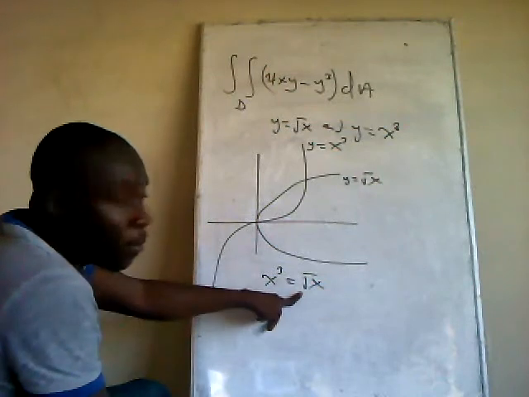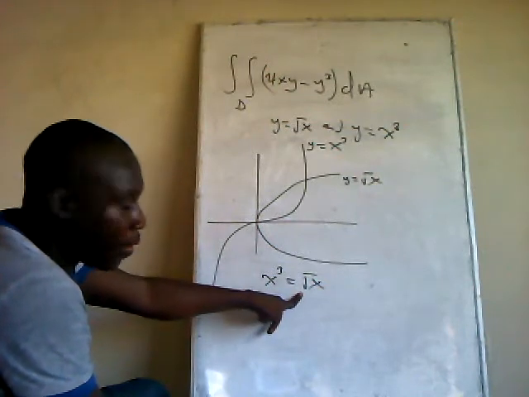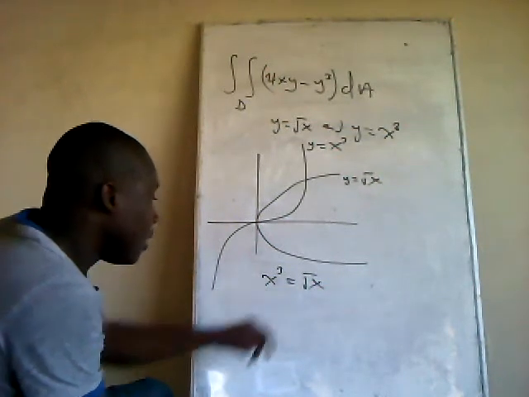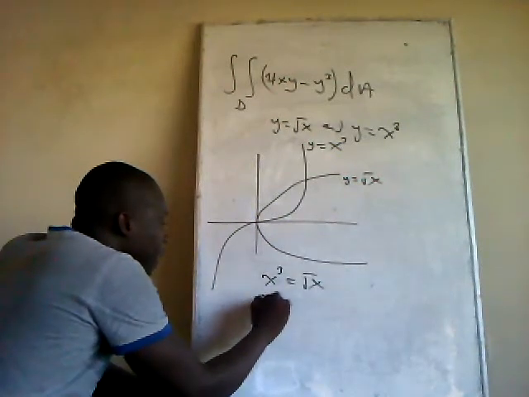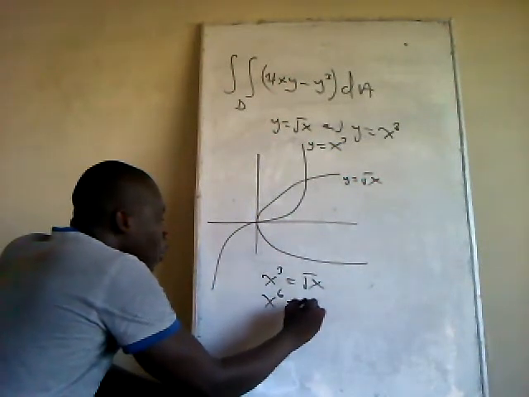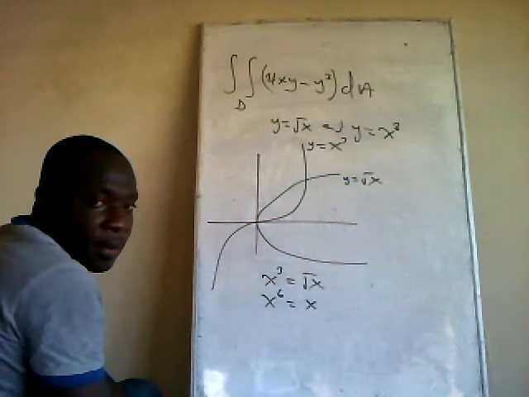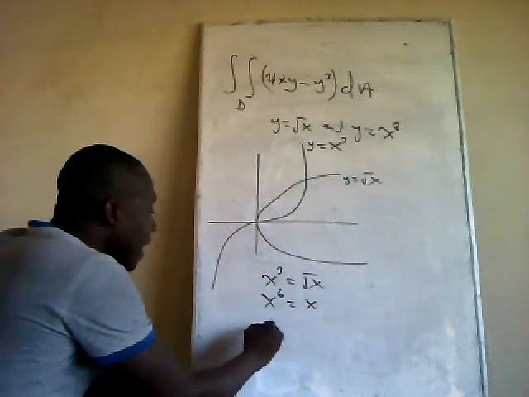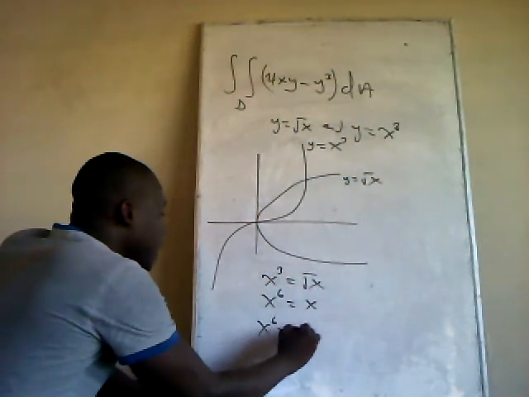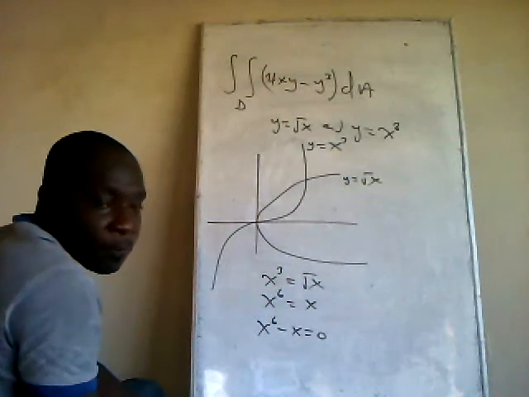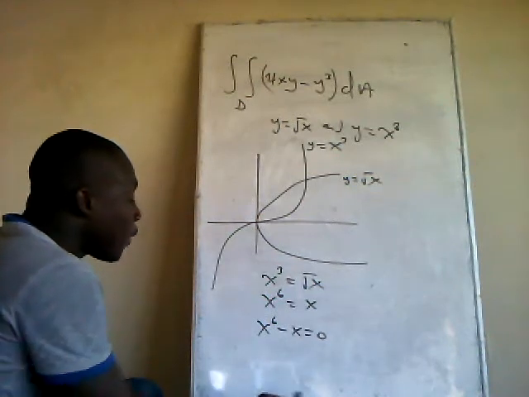I want to get rid of the square root of x because it's complicated. So I square both sides to get x to the power 6 is equal to x. Next, I bring the other one to the left hand side. I get x to the power 6 minus x is equal to 0. Next, I factorize x out.